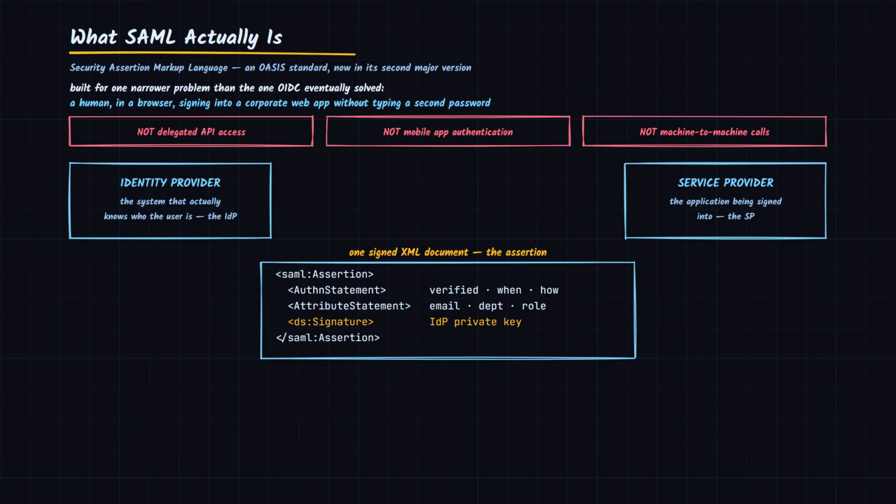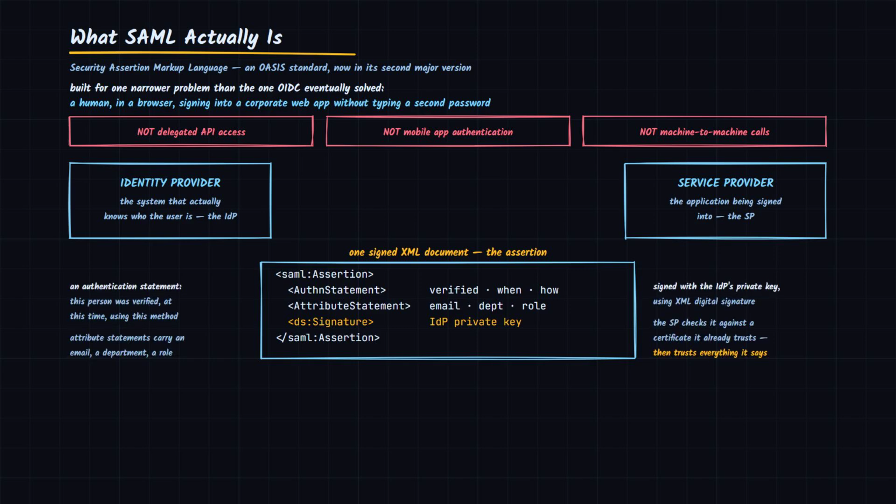The document is signed with the identity provider's private key using XML digital signature, and it travels to the application entirely through the user's browser. There's no separate backchannel call to the identity provider during the login itself. The browser carries the assertion.